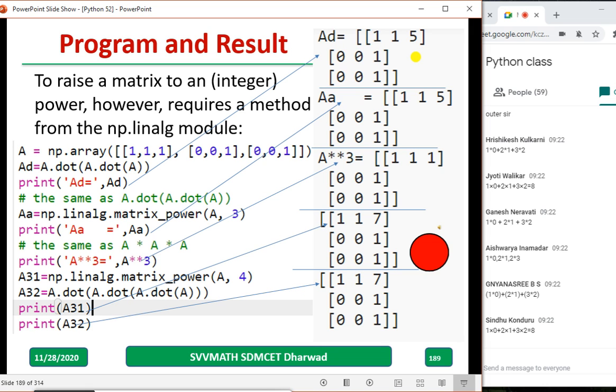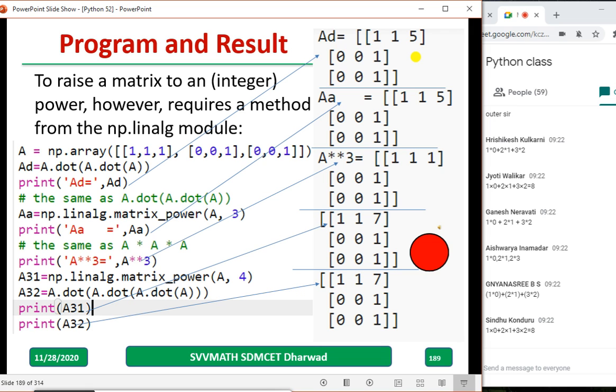You can change it to matrix_power A comma 1, 2, 3, 4 like that, write A dot as many times of A, and cross verify the answer. Hope all of you completed it. No need to copy the result. If the program is there, the result will be available to you.